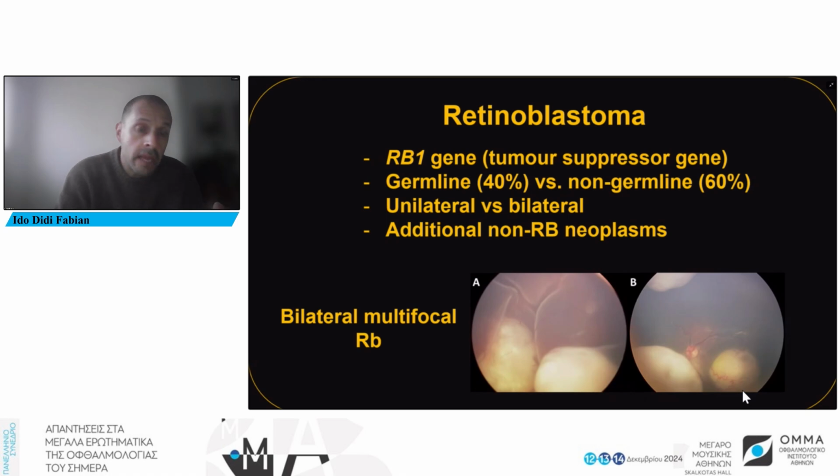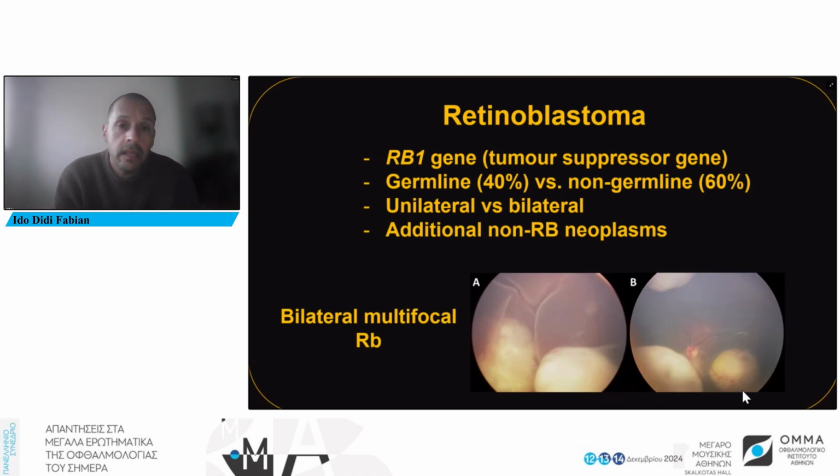So that's germline. The non-germline are children that are born healthy, but they developed a mutation in a cone photoreceptor. So one allele became mutated in the retina. And then the second allele, what are the chances? This is why it's a rare disease.